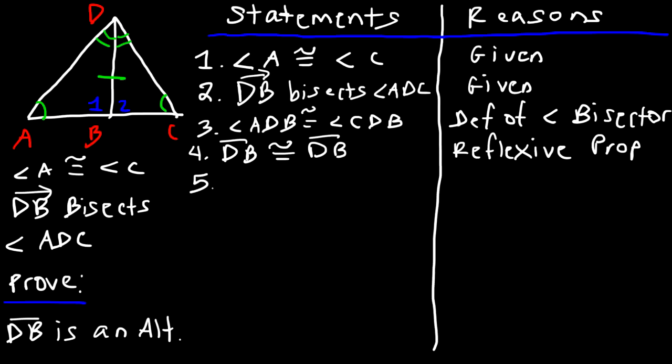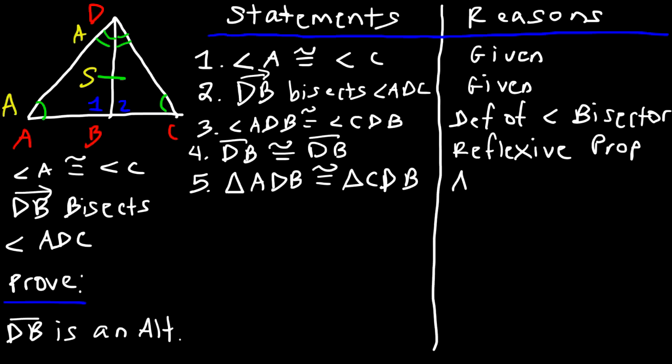So now we can prove that the two triangles are congruent. So we can say that triangle ADB is congruent to triangle CDB. Now what's the postulate that proves this? So looking at the diagram, we have an angle, another angle, and a side. So this is the AAS postulate. And so we've used statements 1, 3, and 4.